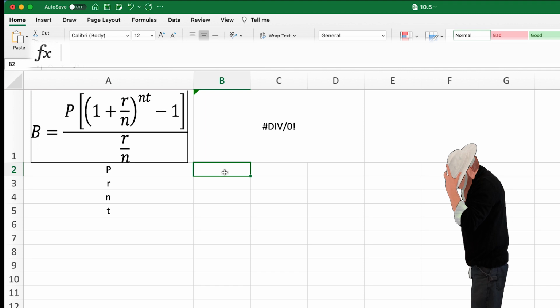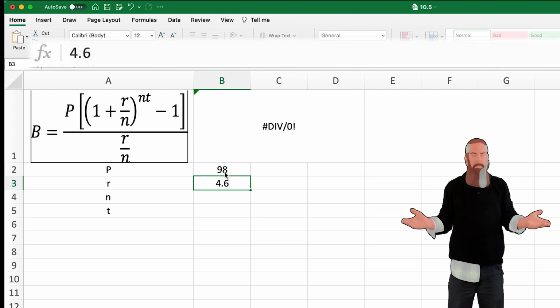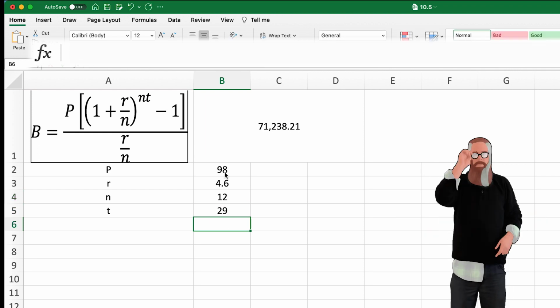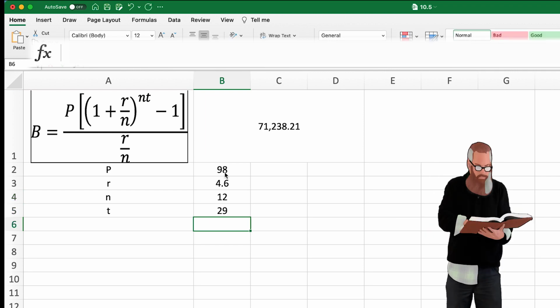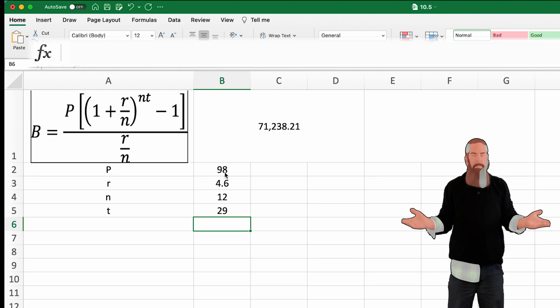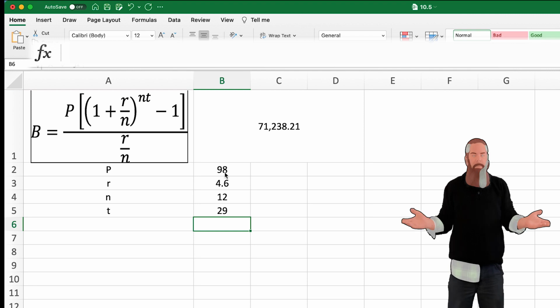This means simply filling in the values, $98 at 4.6% interest compound monthly for 29 years, and we get $71,238.21. So after simplifying and rounding to the nearest cent, the future value is found at $71,238.21. You can look up future value calculators online if you didn't want to have to do this yourself.